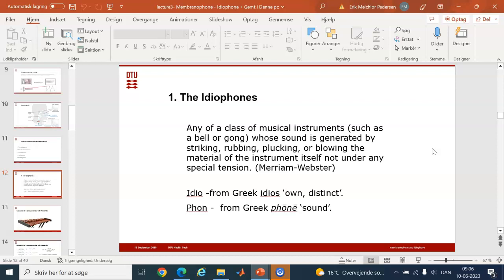Idio from Greek means own or distinct. Phone means sound.